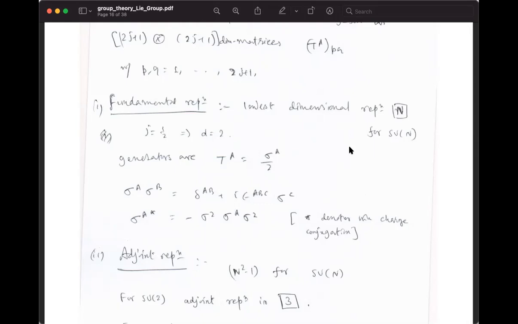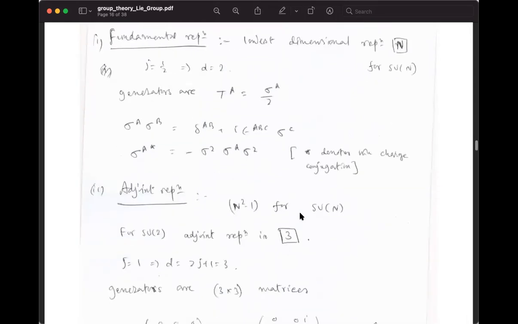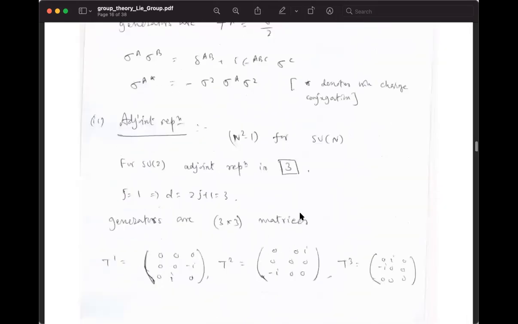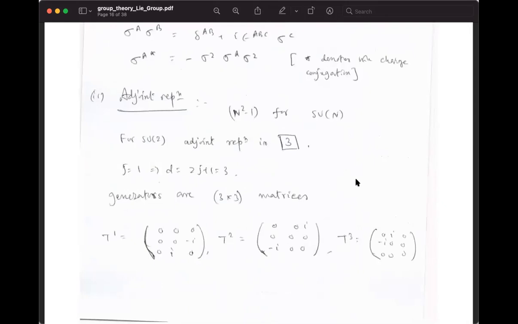For SU2 it is 1, so this is the 2-dimensional representation, which corresponds to j equal to half, and the generators are T equal to sigma by 2, with some properties of the Pauli spin matrices you must have seen already. The next one is the adjoint representation, which is the n squared minus 1 dimensional representation for SU(N), and for SU2 it is a 3-dimensional representation, corresponding to a j equal to spin 1 object.